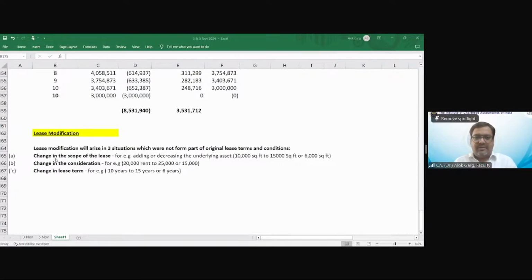Please tell us. Okay. Friends, whenever there is a lease modification, there could be two scenarios.